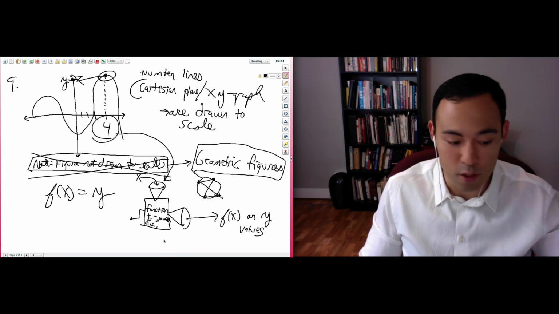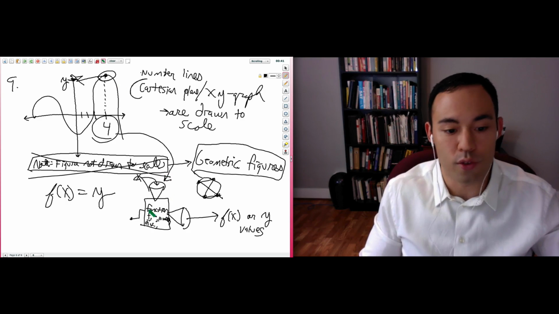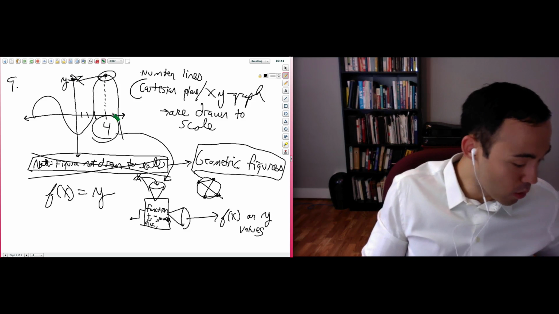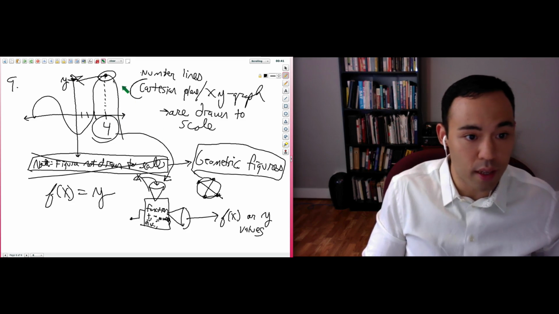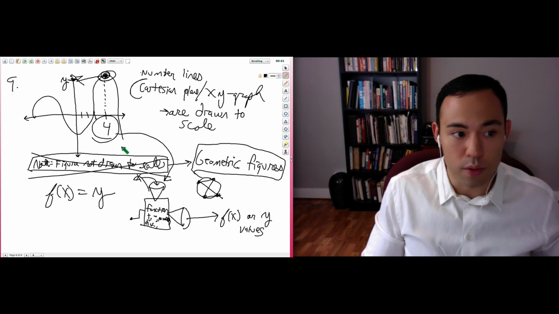You put in the x value, all this stuff happens to it, and out comes some y value. We don't have to know what the y value is. We just see that this height of the noodle is higher than all the other y values of the noodle.